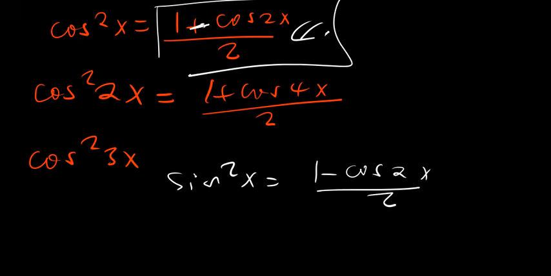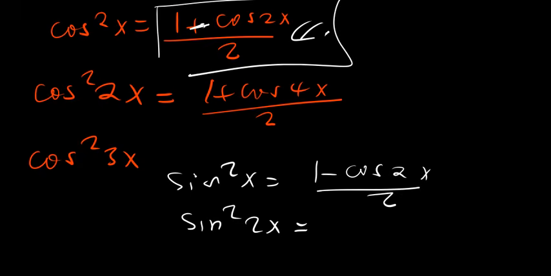So now what if I have got sine squared 2x? What are we going to have here? 1 minus cos 4x over 2. Okay, that's what we're going to have.